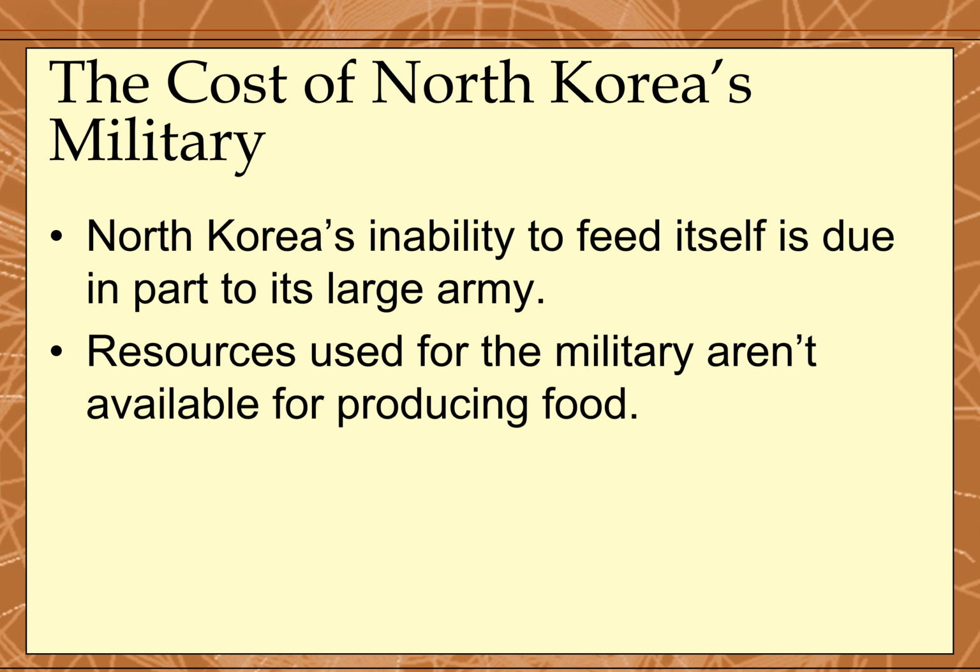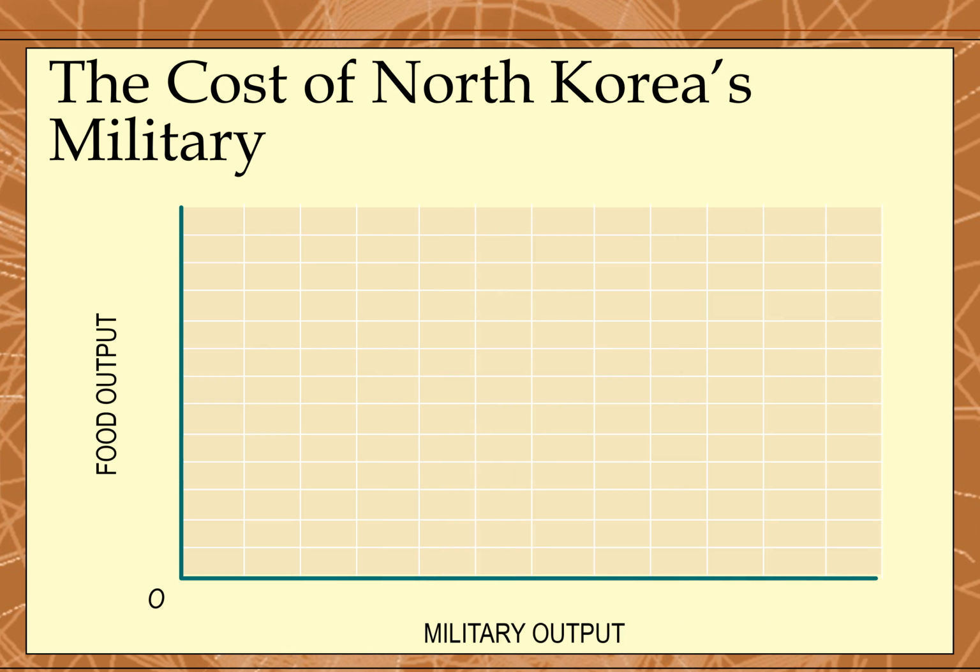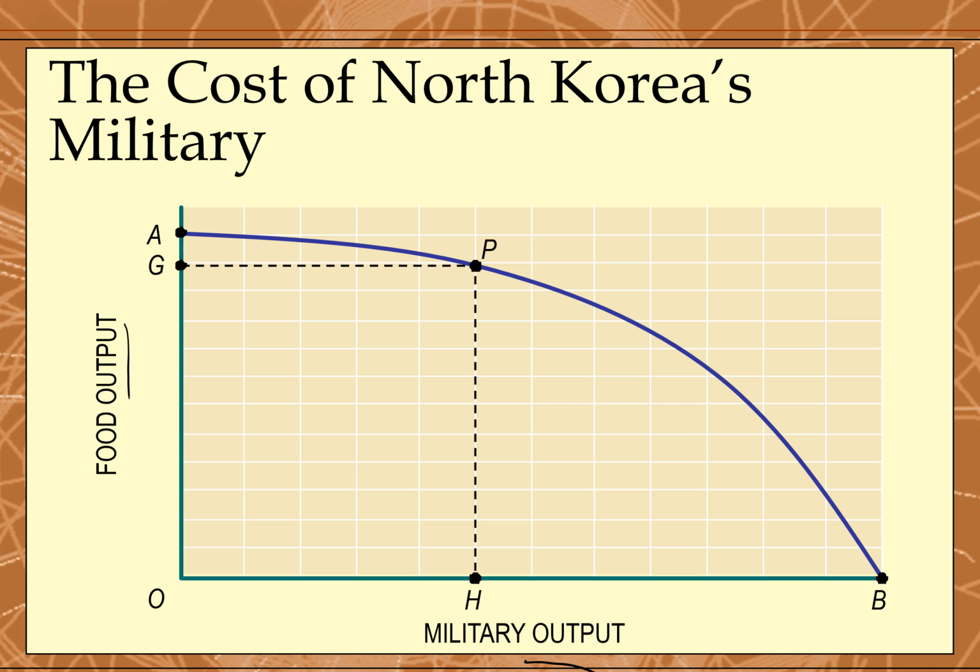So when they dedicate more resources to the military, they actually have to give up very important things like food. So if I were to draw a production possibilities curve that looks at food as one possible activity and military as another, let's say for the sake of argument that they're operating at point P, utilizing all of their resources.